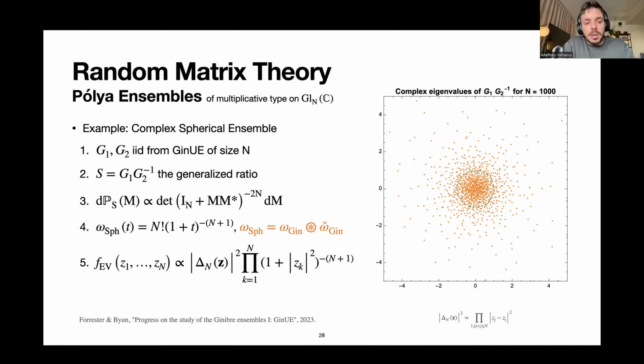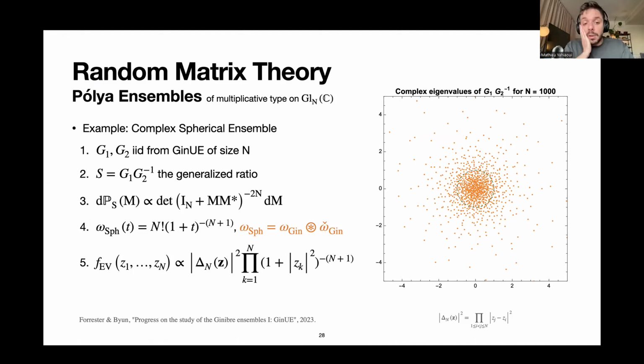In that case, the corresponding polar weight is a little bit more involved. It's some sort of factorial terms that don't matter a lot, times (1 plus t) to the power minus (n plus 1). And it turns out that it's actually the multiplicative convolution of the Ginibre polar weight with its generalized inverse. So it's a nice illustration of what I mentioned before.